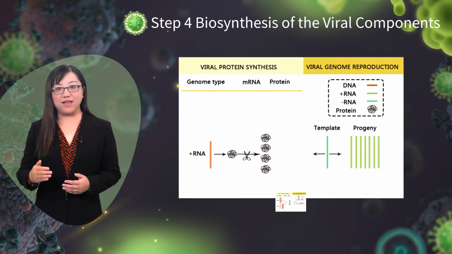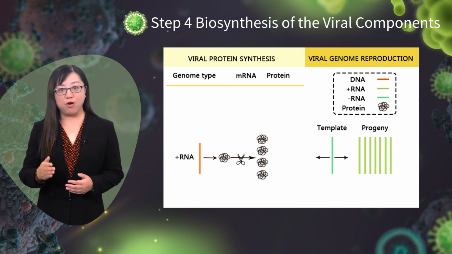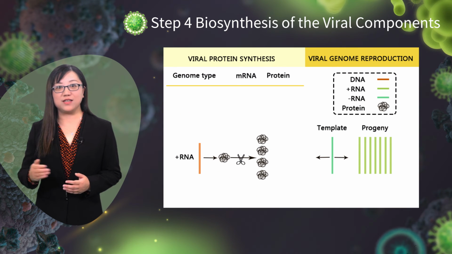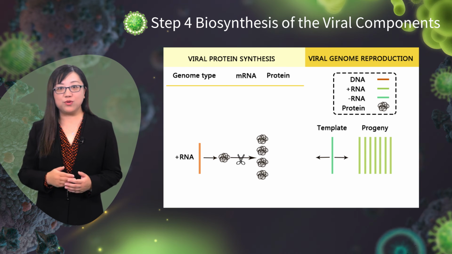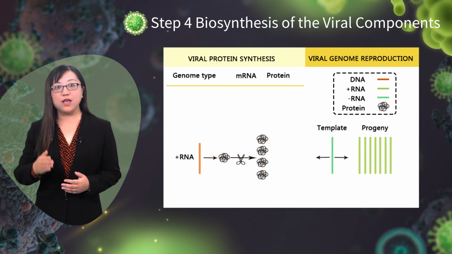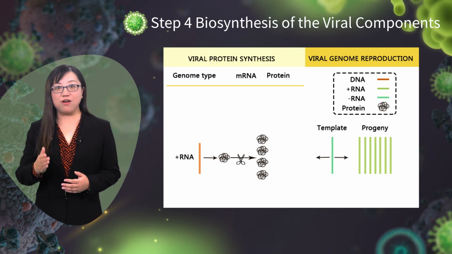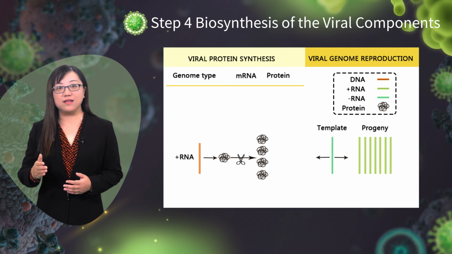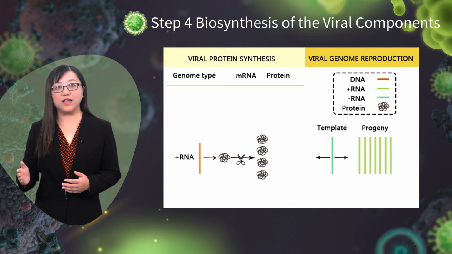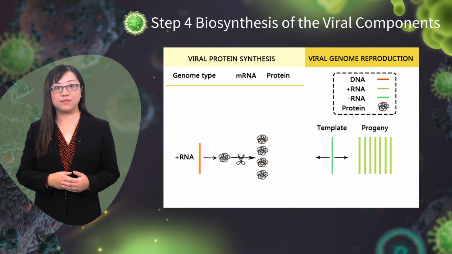Positive sense RNA resembles a mRNA to make proteins. One of the proteins is RNA polymerase. That makes a negative RNA template and then more positive RNA genome progeny and mRNAs.